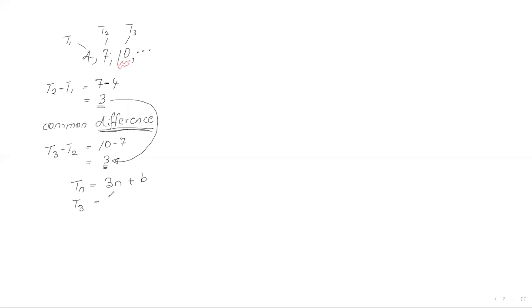So the third term will equal 3n plus b, but the third term is a 10, so 10 will equal 3, and the position of the term is 3, and then plus b. 3 multiplied by 3 is a 9, plus b. 9 comes that side, it's going to be 10 minus a 9. 10 minus a 9 will be a 1. 1 will equal b.